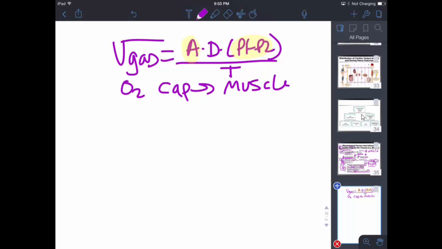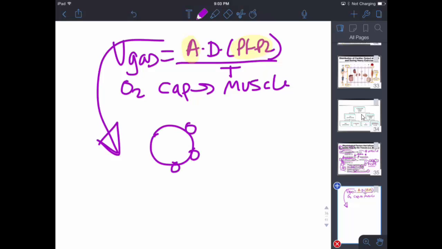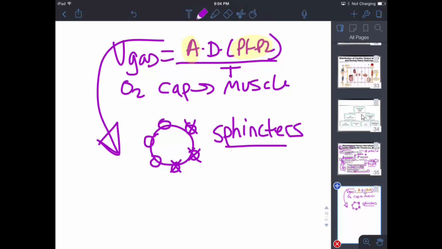Now, one thing, and I don't know if we've talked about this yet, but all of the cells in the body have capillaries. I think we've talked about this. Okay. But most of the time, your capillaries are closed. Okay. Because there's some sphincters that can close off capillaries, so that if a cell doesn't need a lot of blood flow, it will close off most of its capillaries, so it can provide just the amount of blood flow it needs.